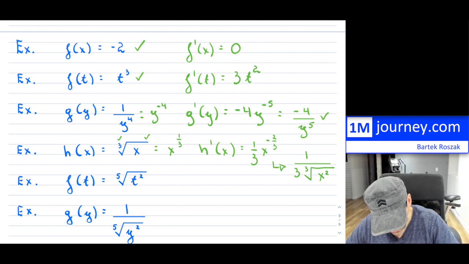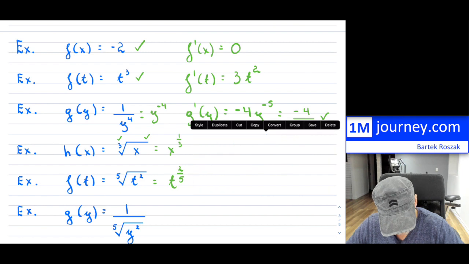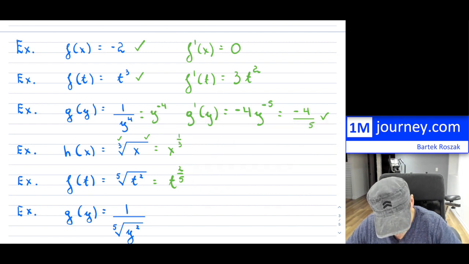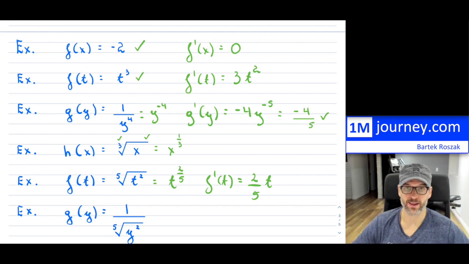Now, next one. For this would have been t, and notice the 2/5, so that's now my exponent. I'm going to remove these just so that I have space to write. So this is f, and the derivative of this is going to be 2/5 t to the 2/5 minus 1.